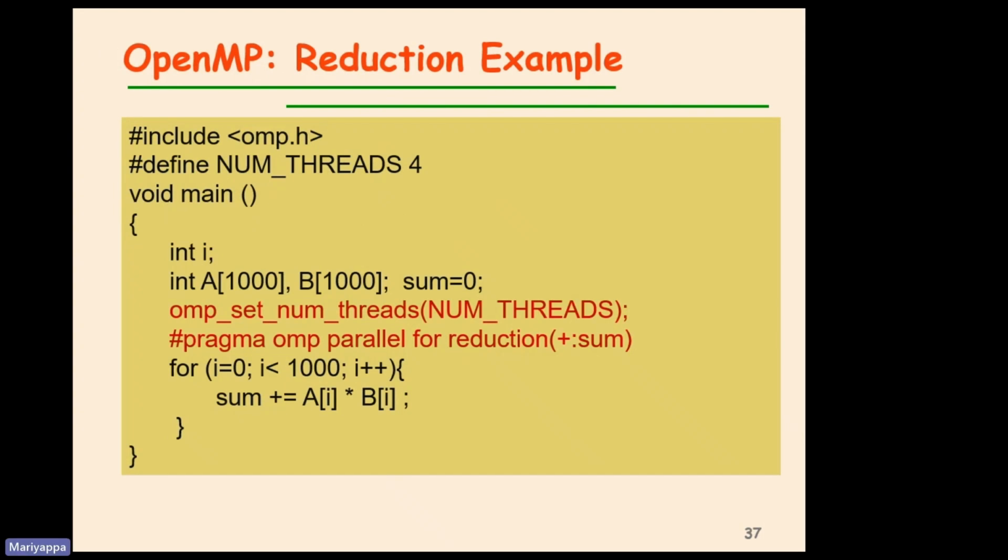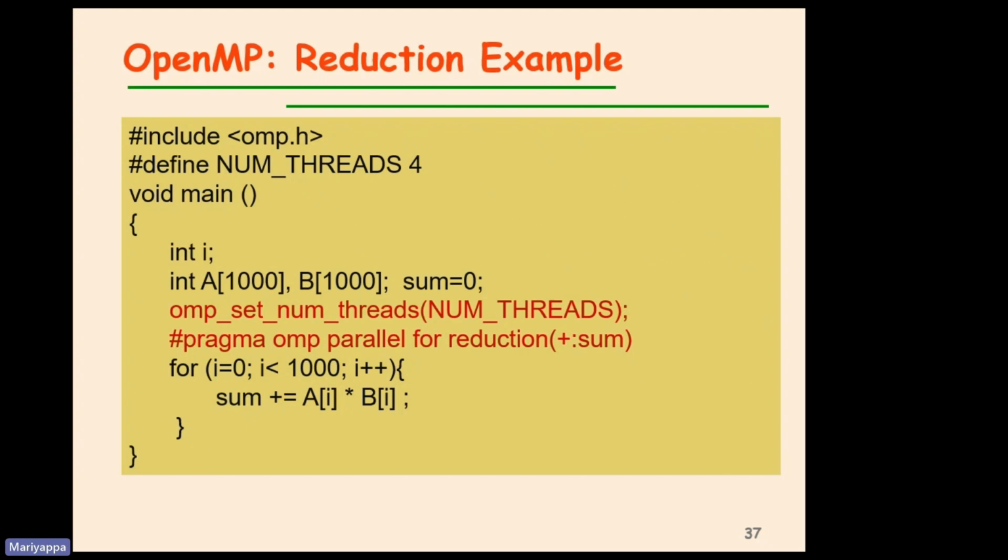So you basically set the number of threads, and then you say #pragma omp parallel for. It basically combines the omp parallel and omp for directives together, and it also says that this is a reduction operation. So what this does is essentially the first example that I gave: creating P local sums and then adding these local sums together.